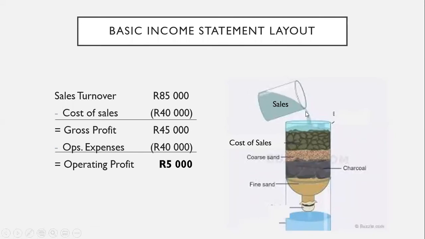So if you pour the sales in the top and you take off your cost of sales, and then obviously you have your expenses down here, you'll end up with the purified water at the bottom, or the equivalent of your profits. So that's what a basic income statement looks like, or profit and loss statements.